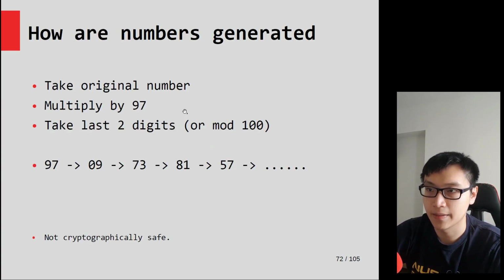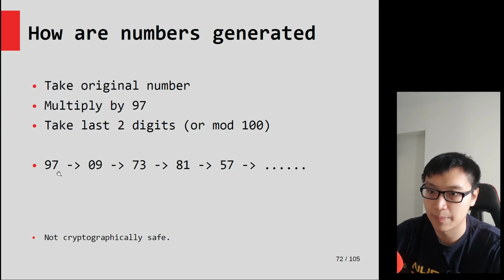So first, let me do a basic introduction of how the numbers are generated. This is not a safe method to create random numbers. But this is a toy example. I take a number, I multiply by 97, and then I take the last two digits, or modulus 100.